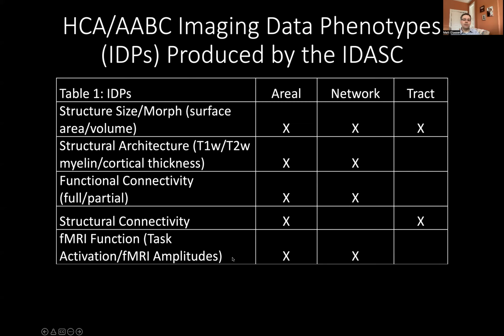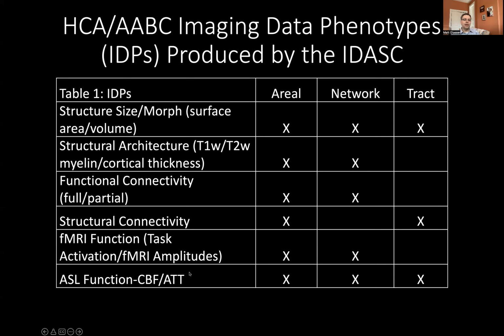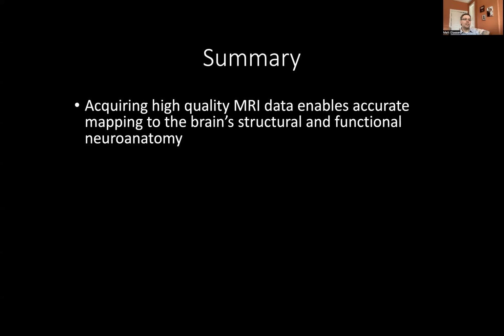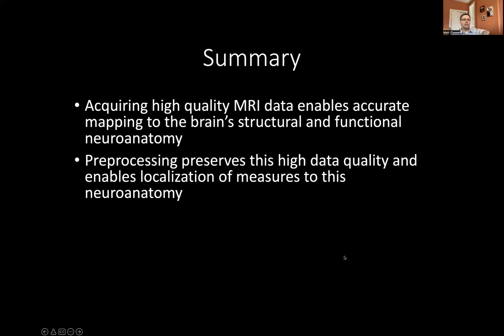We can do either task activation in a traditional task, or we can just look at the amplitude of the BOLD fluctuations, either at the areal level or network level. Blood flow can be measured in areas, networks, or tracts, and we can look at white matter hyperintensities as well. So to summarize, we want to get high quality MRI data that enables accurate mapping to the brain's structural and functional neuroanatomy.